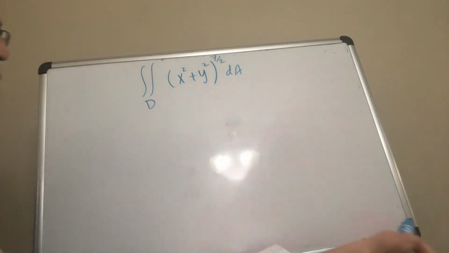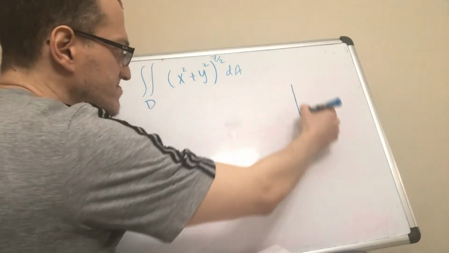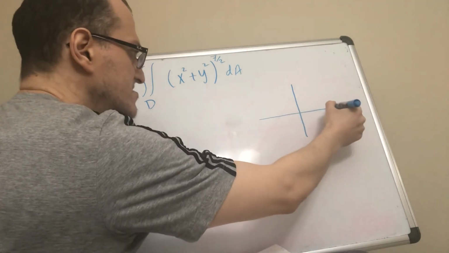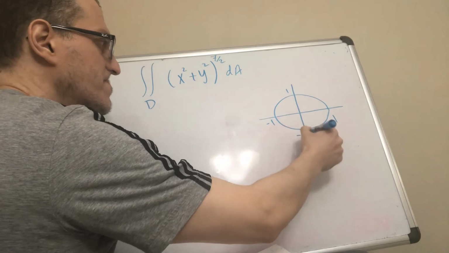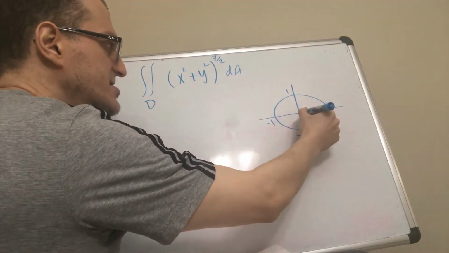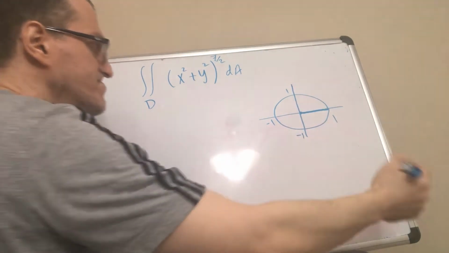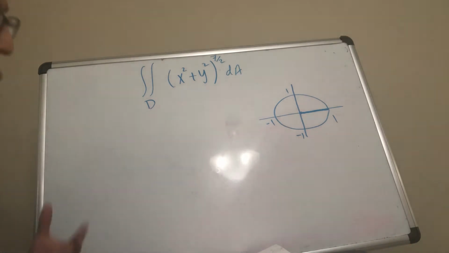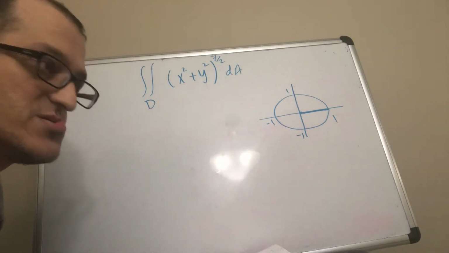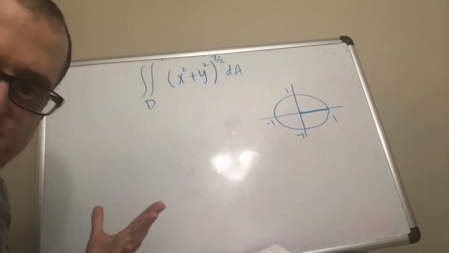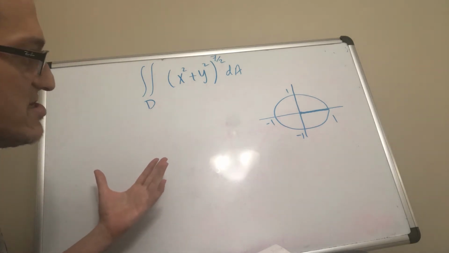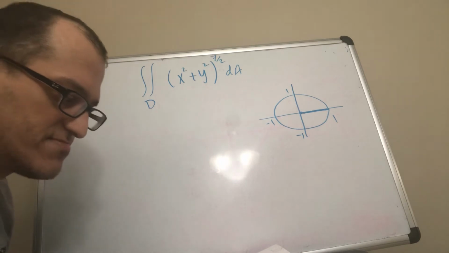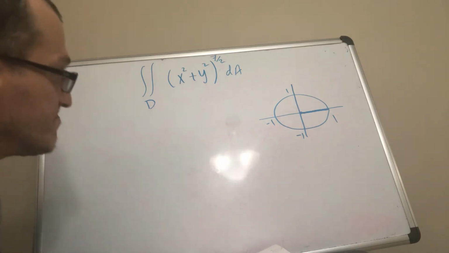So if you want to sketch it, it's the unit circle, so now I know the radius is 0 to 1. He tells you in the question, use the method you find easy. The easiest way to do this is by polar coordinates.